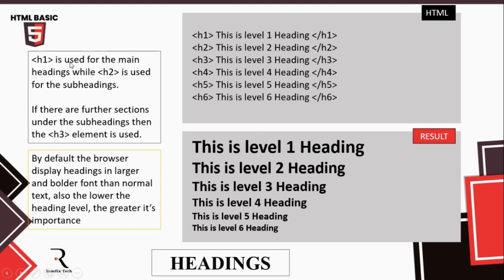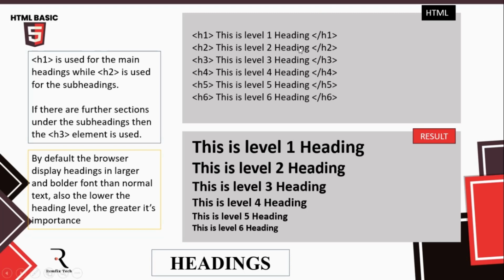If you read the content I placed, heading 1 is used for the main headings, while heading 2 is used for the sub heading. If there are further sections under the sub heading, then the heading 3 element is used. So headings are in levels in HTML, and they have specific functions. Your browser by default displays headings large and bold, and the lower the level of a heading, the greater its importance.